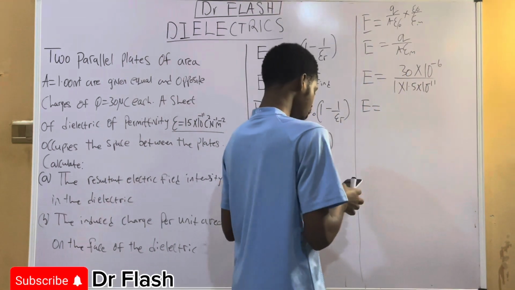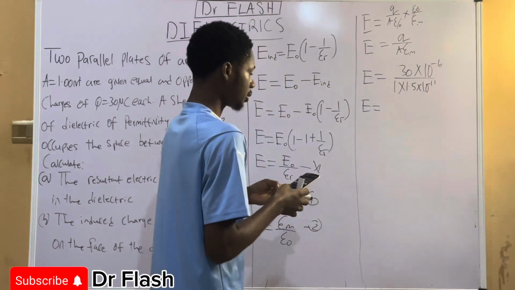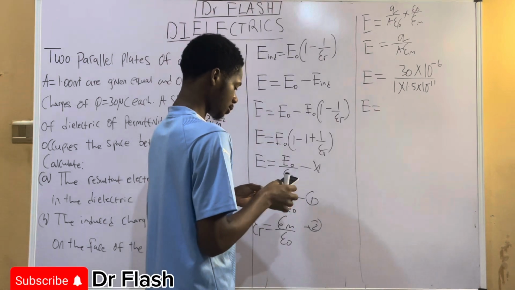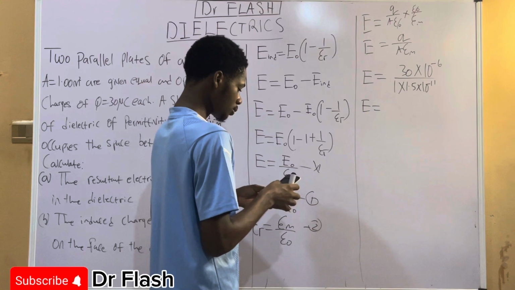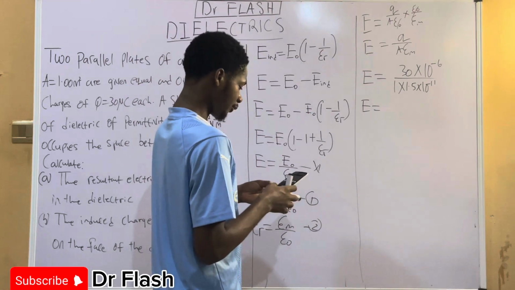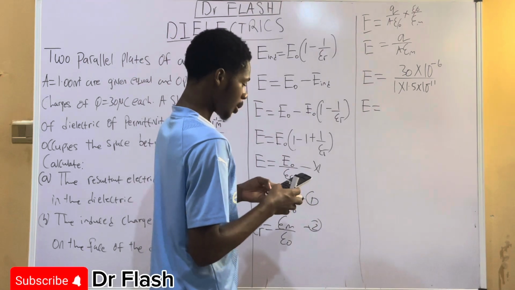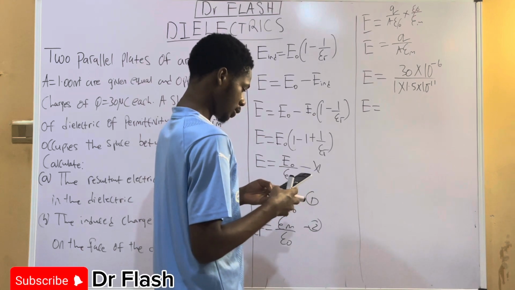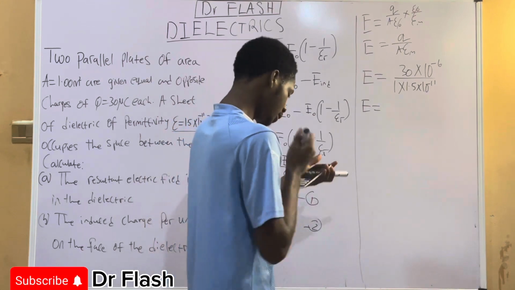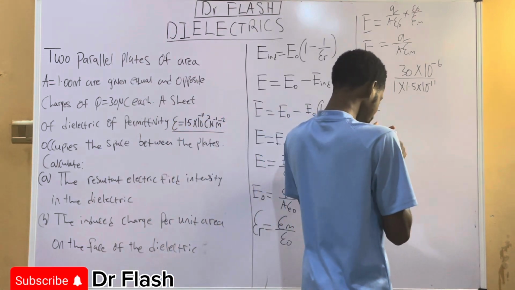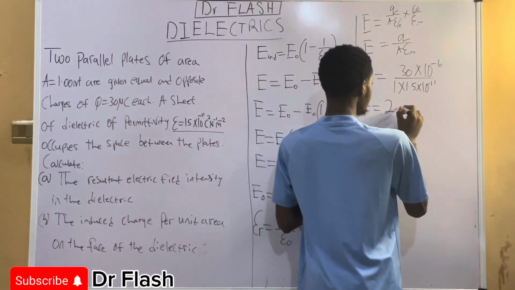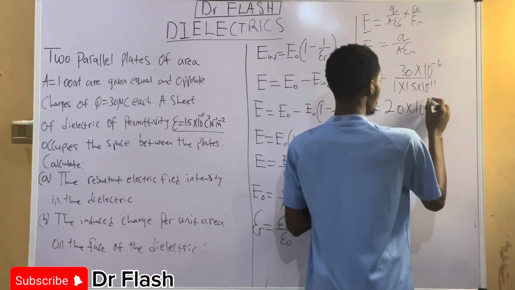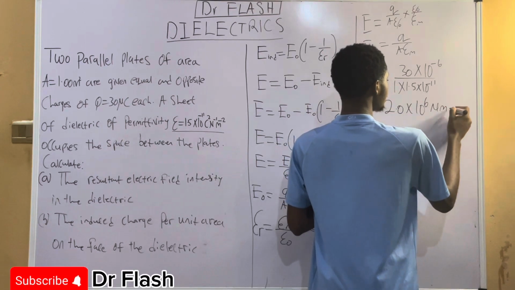The value of E becomes 30 times 10 to the power of minus 6 divided by 1.5 times 10 to the power of minus 11. We're going to get a value of 2.0 times 10 to the power of 6 Newton per meter.